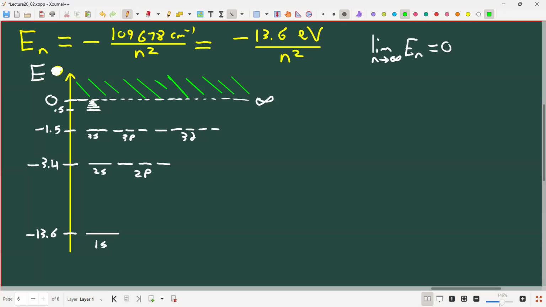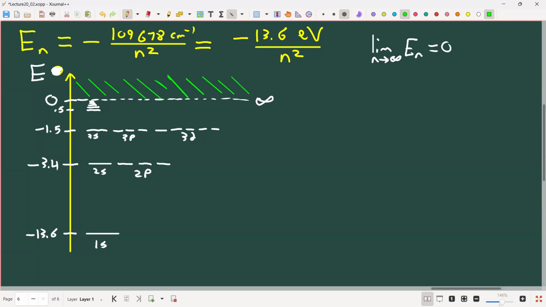What does that mean? Well, remember that in hydrogen, the electron is attracted to the proton. The dominating force is the potential energy of the electrostatic attraction, which is attractive between plus and minus, which is a negative potential.